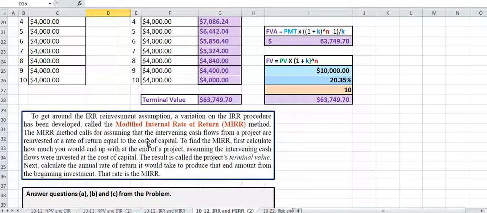So to get around the internal rate of return reinvestment assumption, a variation of the IRR procedure has been developed called the modified internal rate of return method. The MIRR method calls for assuming that the intervening cash flows from a project are reinvested at a rate of return equal to the cost of capital.